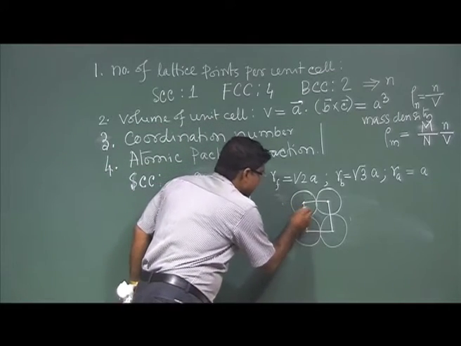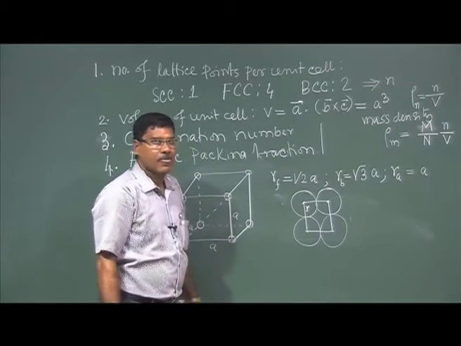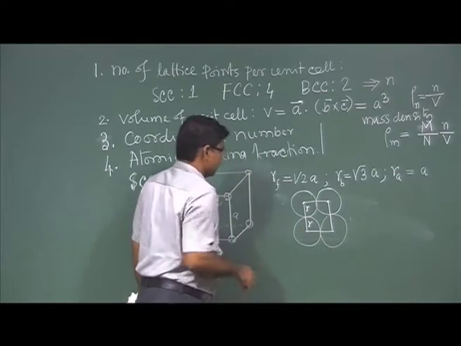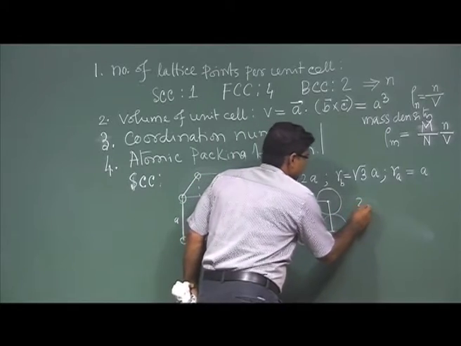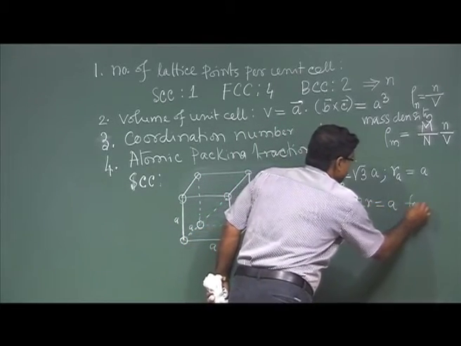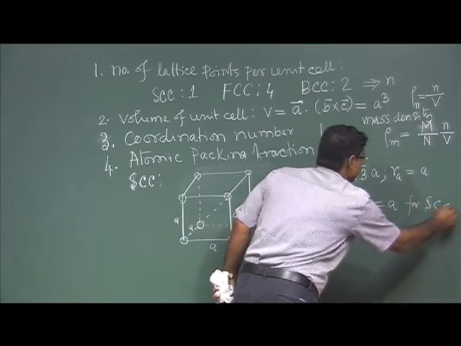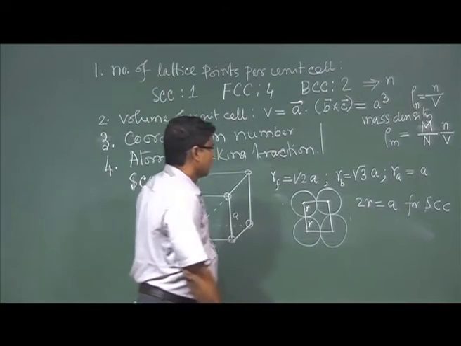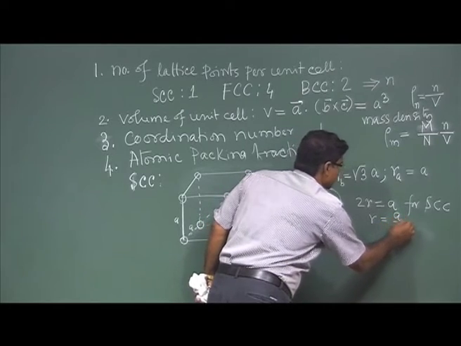If the radius of the atom is r, then 2r will be equal to a for simple cubic, right, and r will be a by 2.